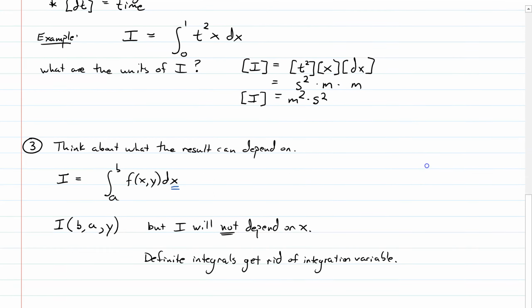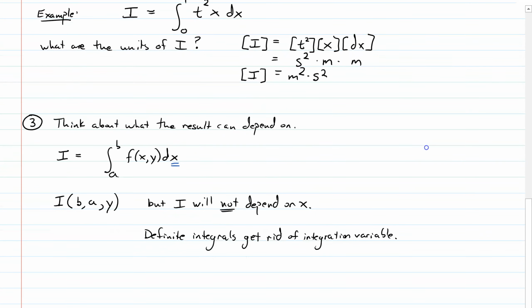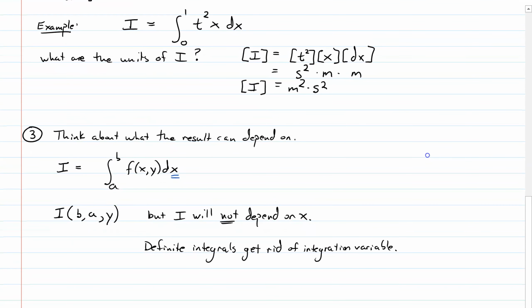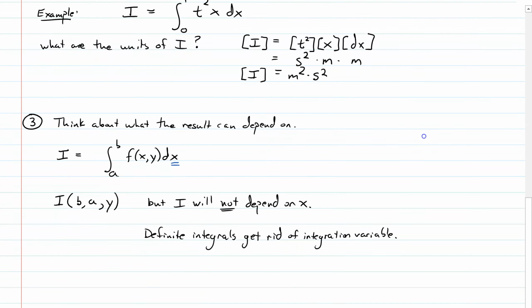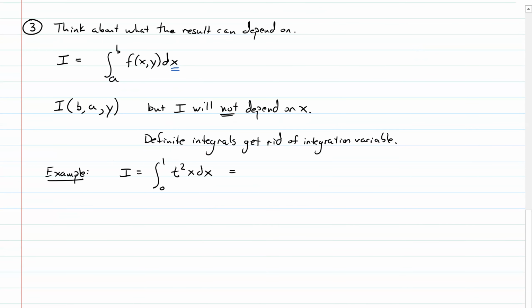As an example, let's say I go back up here, to this example I had before, I equals the integral from 0 to 1 of t squared x dx. Well, before I do it, what variable can it depend on? It will not depend on the integration variable x. That will be gotten rid of when I plug the limits in. So I know at the end of the day, I'm going to have something which depends only on t. I will be a function of t only.